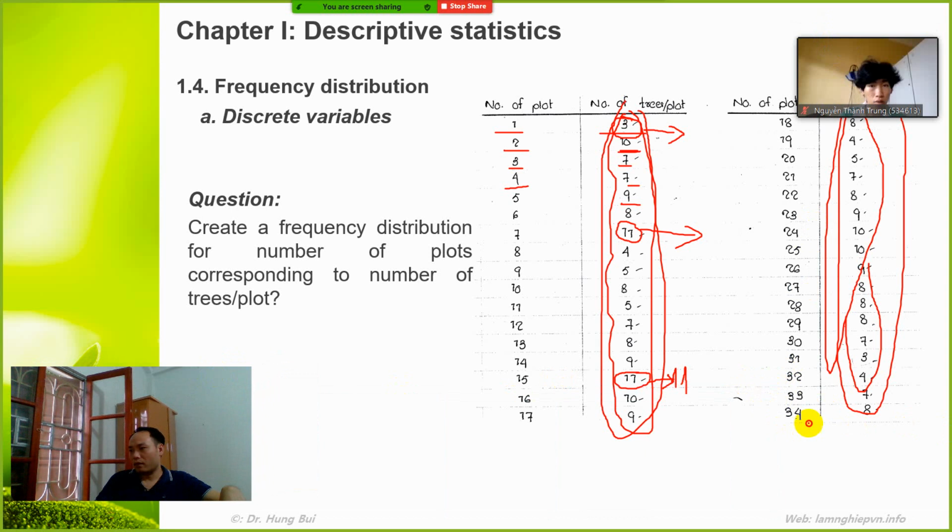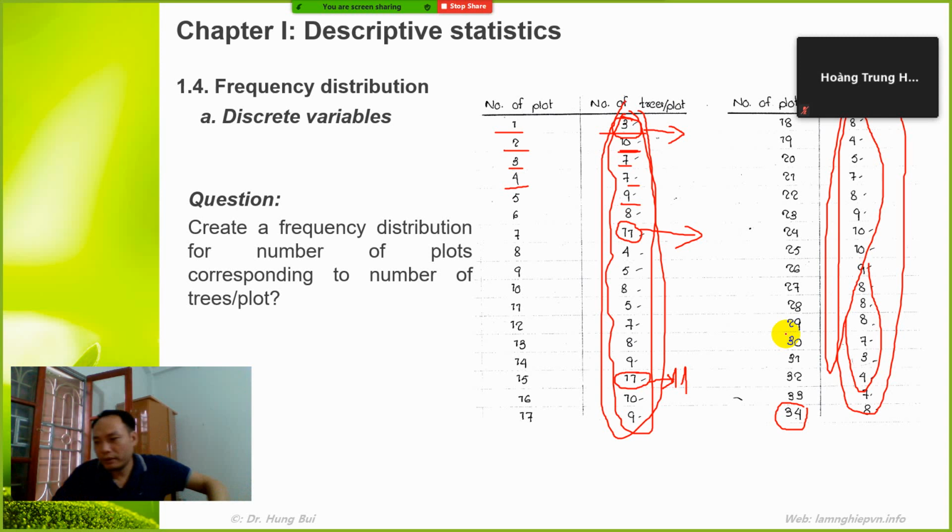Here, 34 plots. One by one. And you have to look at the book, or you can look at my screen here, my data here, to do the tally. Okay?